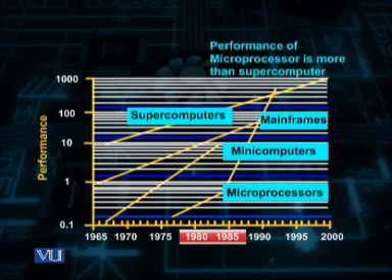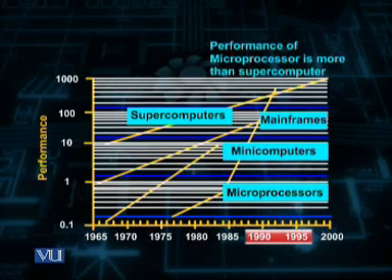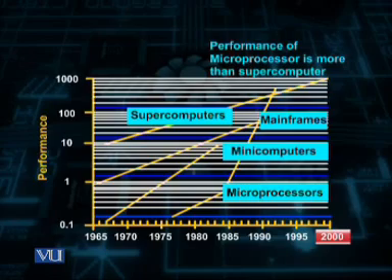And similarly, the performance of a supercomputer introduced in 1970 is now possible since 1985 by massively interconnected or parallel microprocessors.